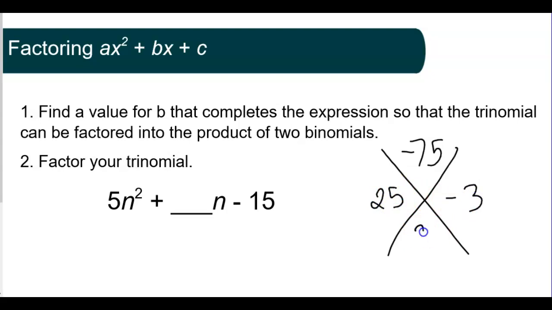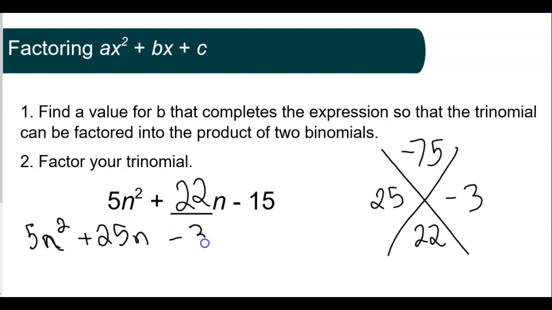So I could put 22 in here. And then, if I wanted to factor it, I would do this. Now, this is not the only right answer. You might have a different answer there. But I'm going to factor this by grouping.